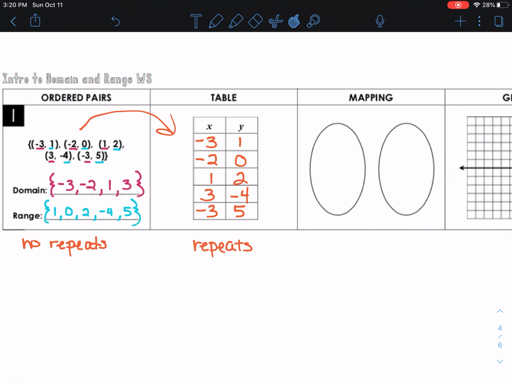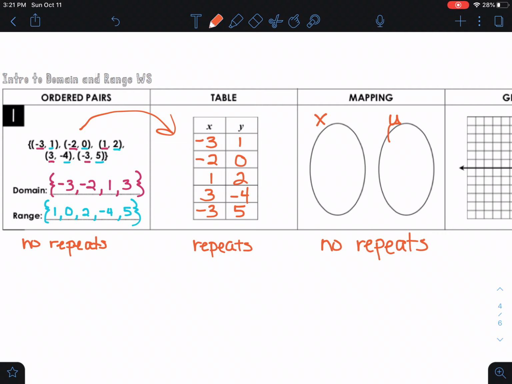Okay, so your mapping diagram, this one, no repeats again. And what does a mapping diagram really do here? Well, this one, we put our x values here and our y values here, but we put them without repeats.